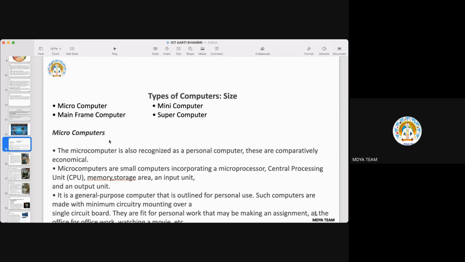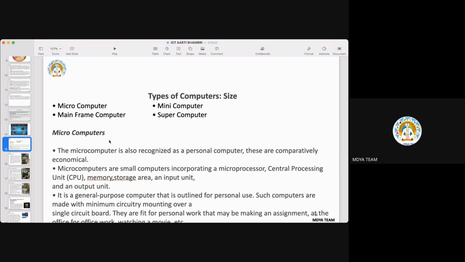Microcomputers we are very much familiar with. This type of computer we call a personal computer, like the desktop computer we use, which has a large display panel. And in earlier days they had a somewhat bigger size at the back side of the screen, a CRT monitor.